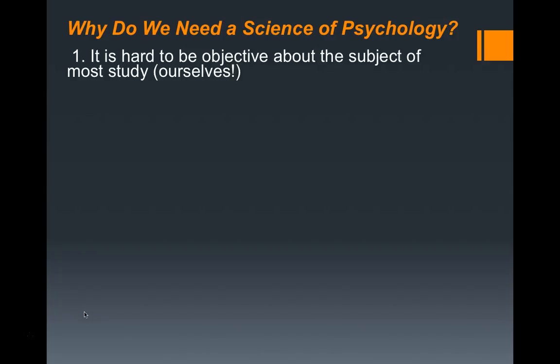So we need to harness our observation into an objective system, because it's very difficult to observe ourselves, the subject of most psychological study, in a way that's objective unless we put some rules into the matter about this very important topic, namely ourselves.